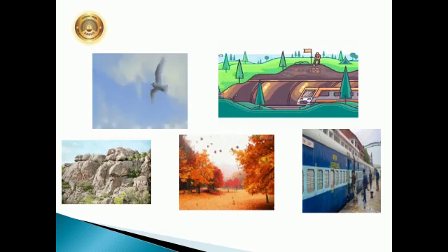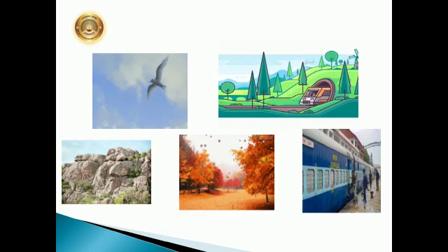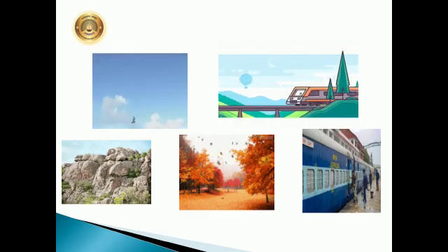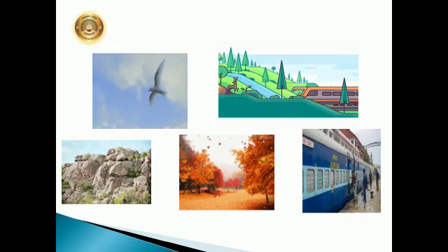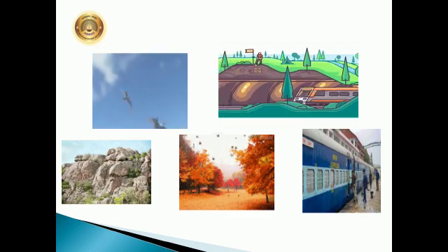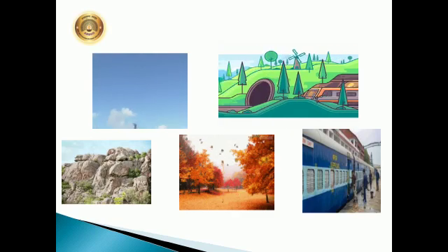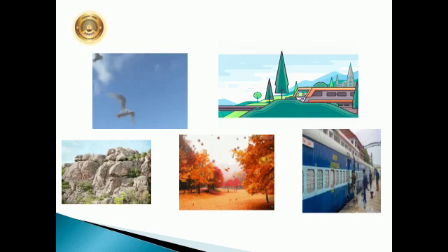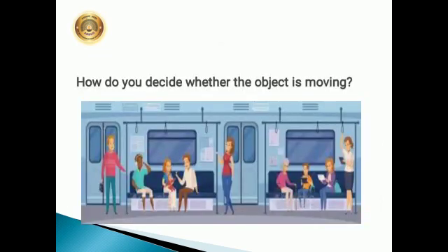We see the motion of several objects every day. Sometimes we cannot see the motion of an object directly, as in the case of a breeze. Now, list some other examples of motion besides those given here. Now think about it. How do you decide whether an object is moving?